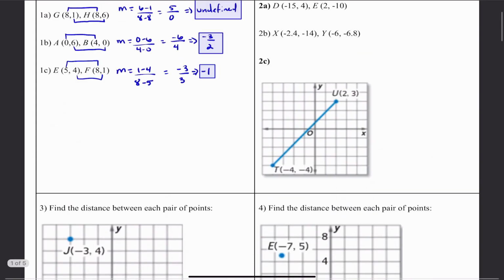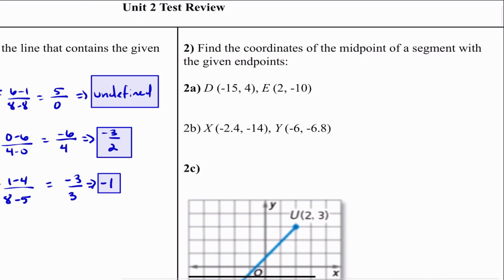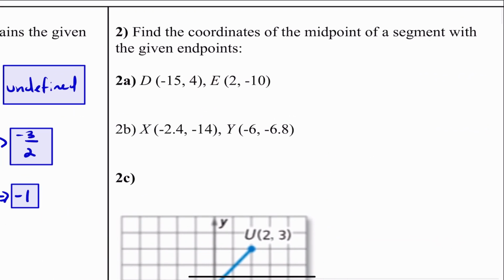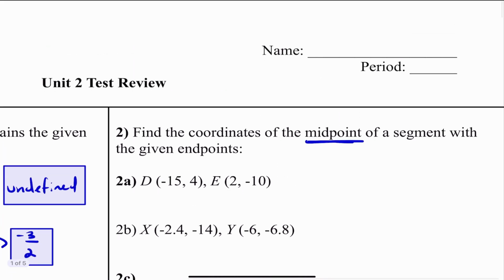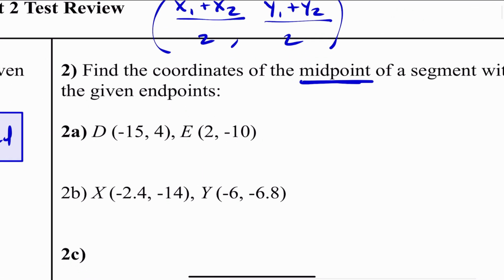All right. Find the coordinates of the midpoint of a segment with a given point. So this is my keyword, midpoint. So I'm using this formula, x sub 1 plus x sub 2 over 2, and then comma, y sub 1 plus y sub 2 over 2. I'm taking the average of the x's as well as the average of the y values.